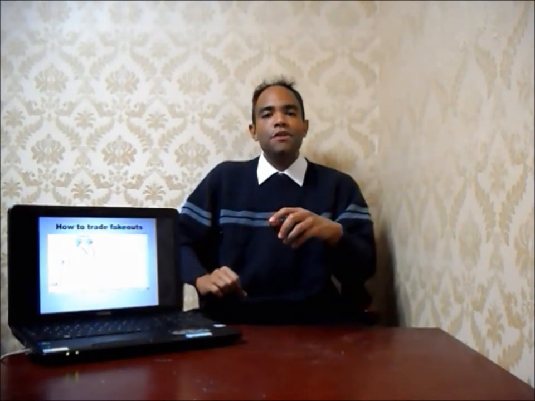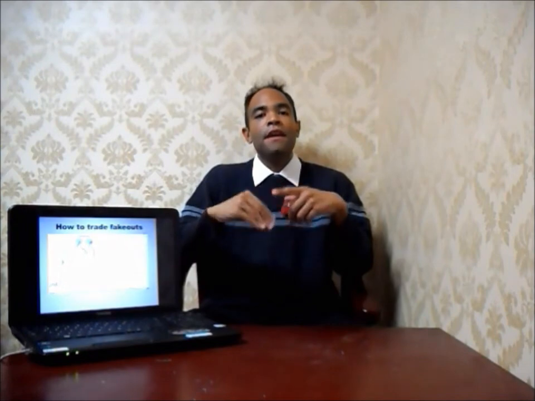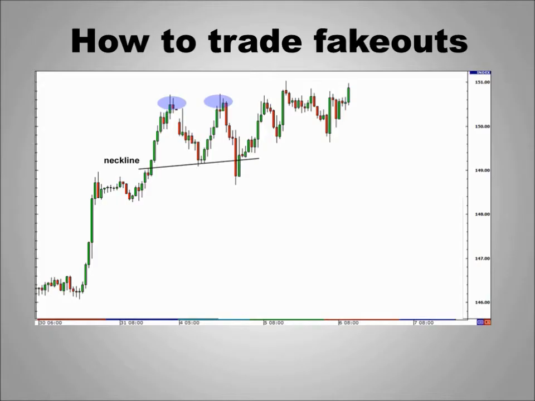what we can do is open a position right above or below that neckline and place a stop loss with the same distance from the neckline as the open. That way, if we're wrong, we don't lose that much of our capital. So again, we're talking about stop losses here.